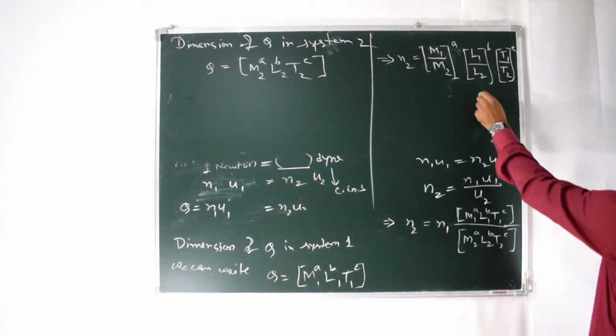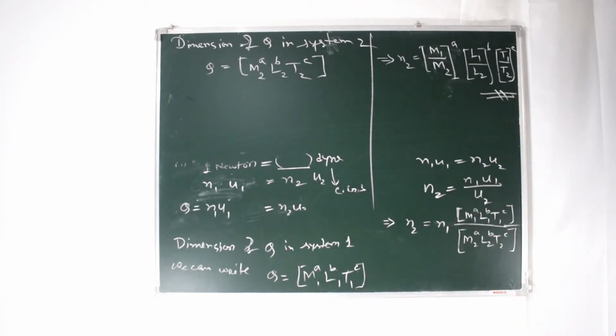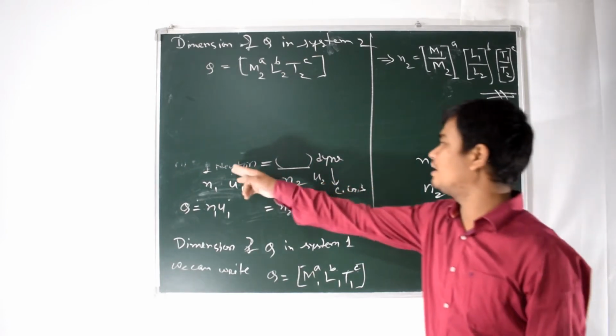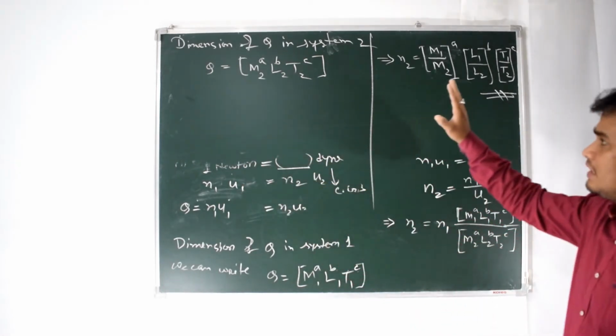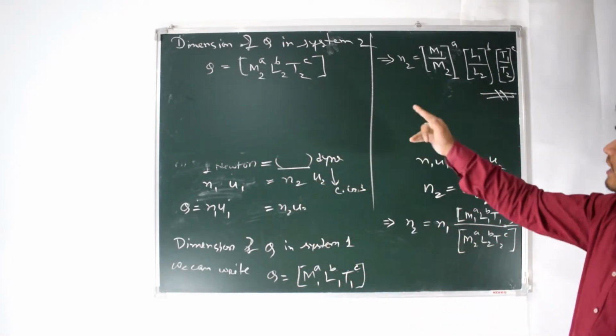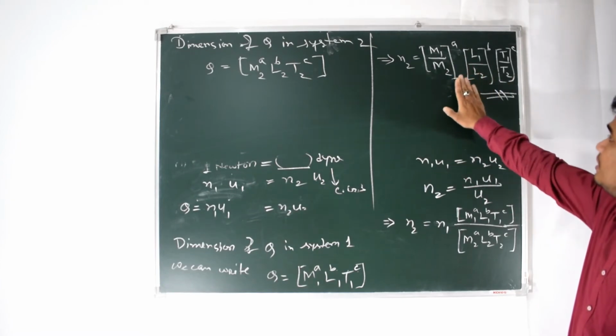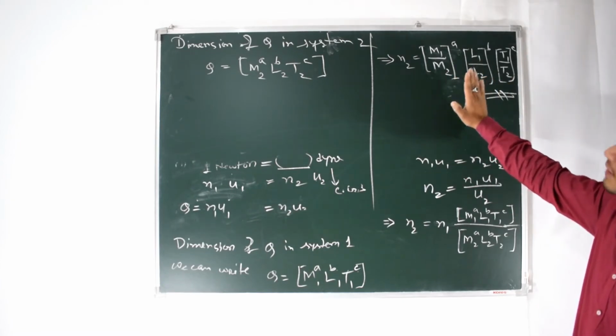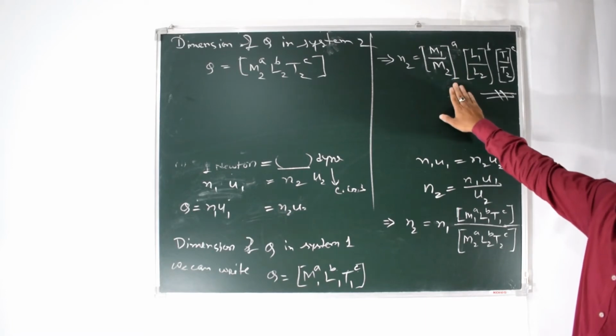This is the general formula, not only for 1 Newton to dyne. Any kind of physical quantity in one system can be converted to another system using this formula.